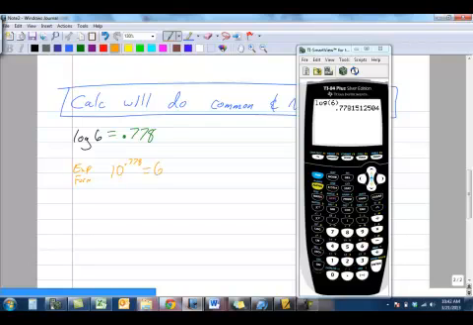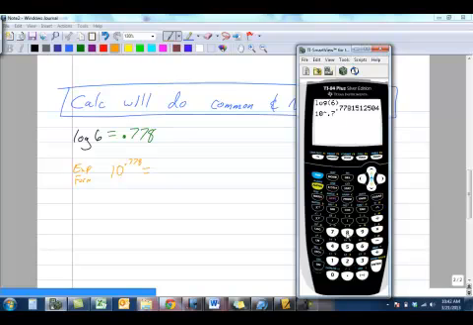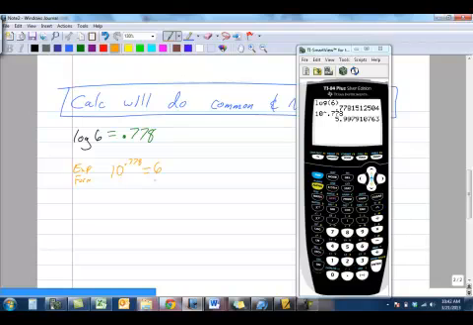That is equal to, oh, well, hold on. Is it 6? Let's see. 10 to the 0.778 is 5.9979. That is really close to 6. See, I won't steer you wrong. Don't worry about that.